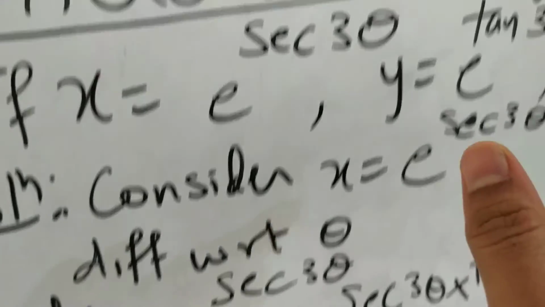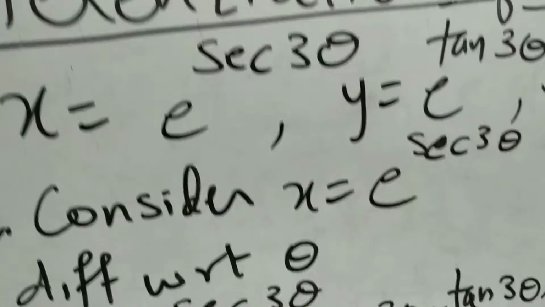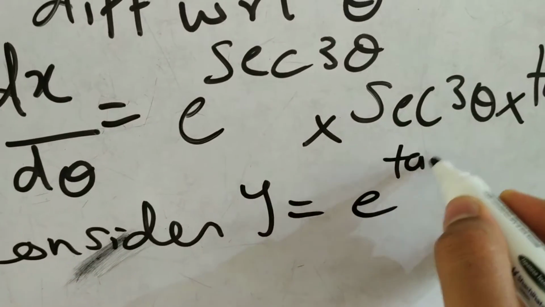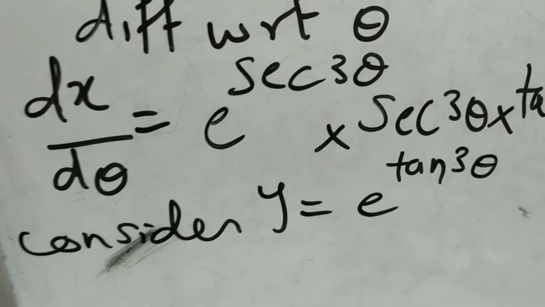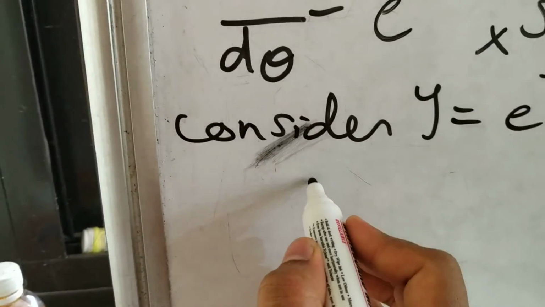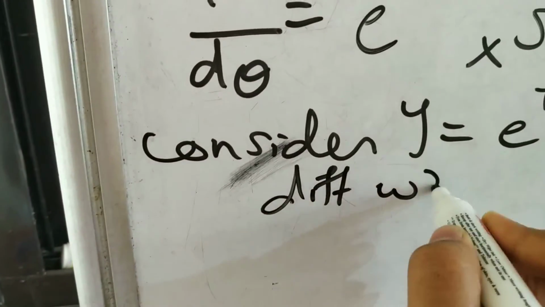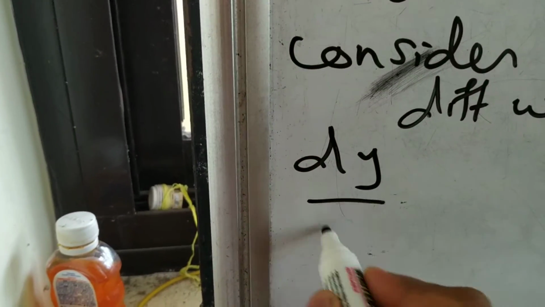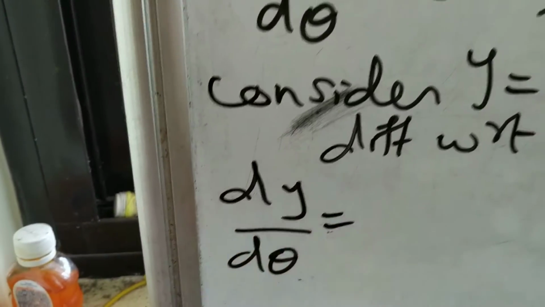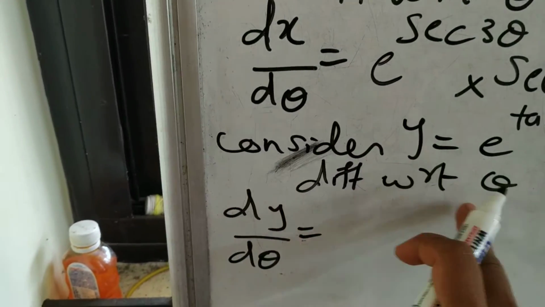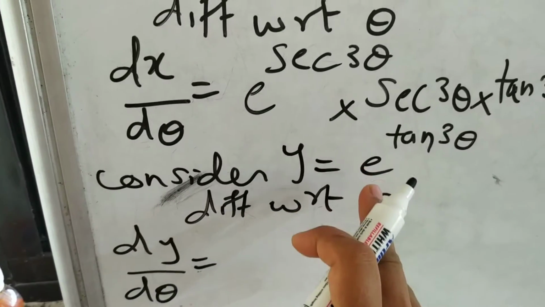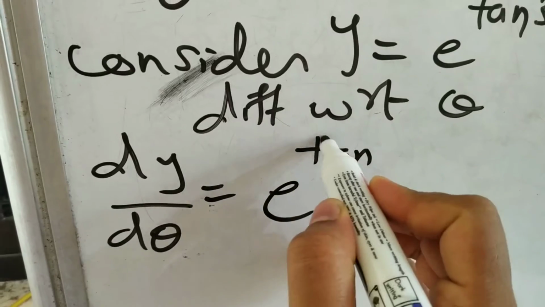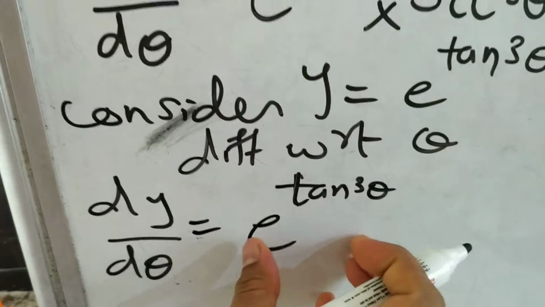Now let us consider y equals the next function, that is e raised to tan 3 theta. Let us differentiate with respect to theta. We get dy upon d theta, and derivative of e raised to tan 3 theta is e raised to tan 3 theta.